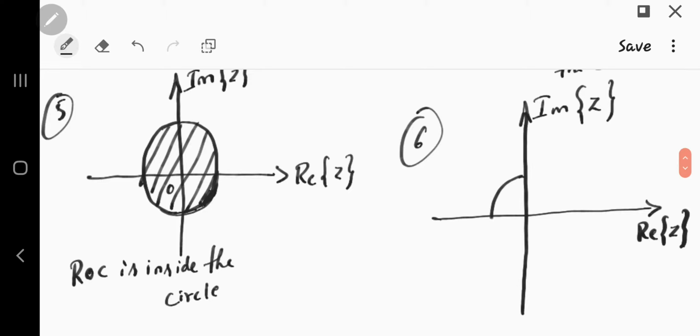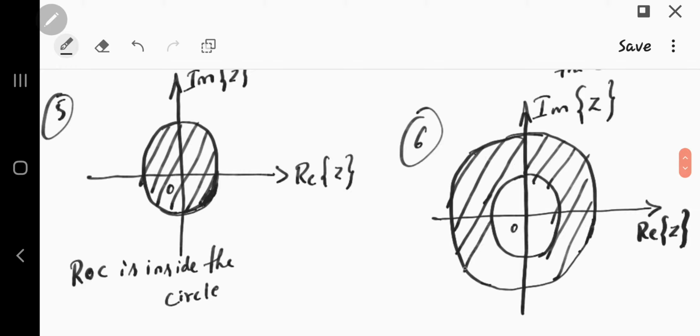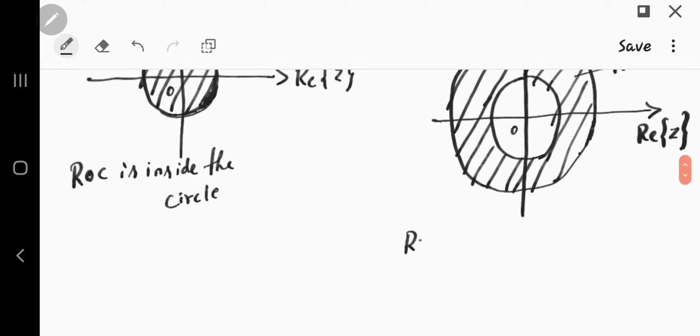So we will have two rings, one for the positive time sequence and another for the negative time sequence. In this case, the ROC will be in the region between them. So this region is the ROC, and the ROC is concentric.